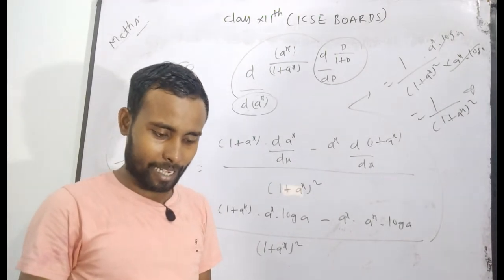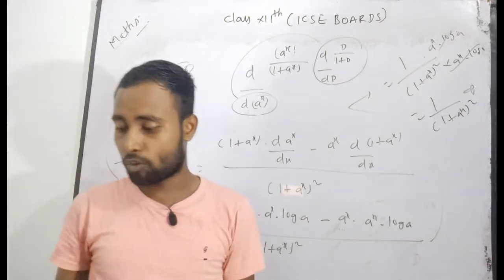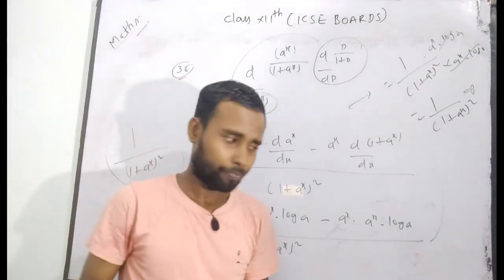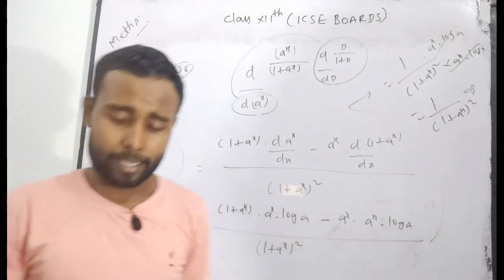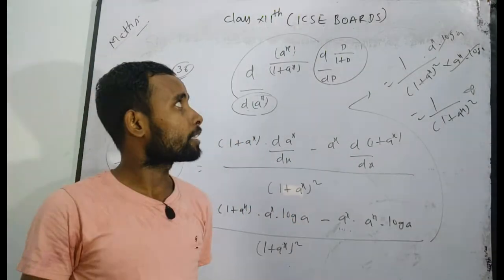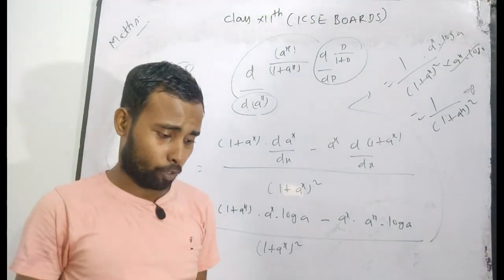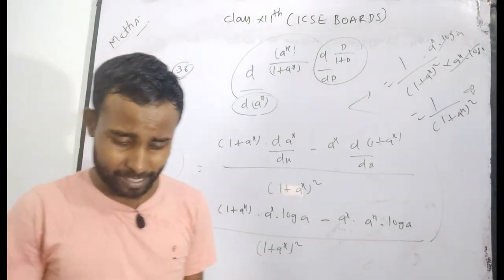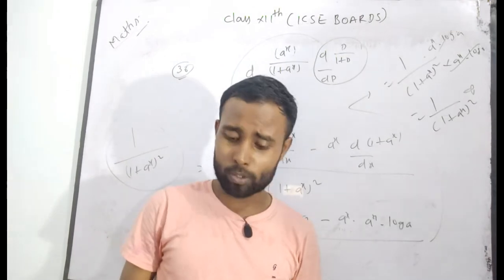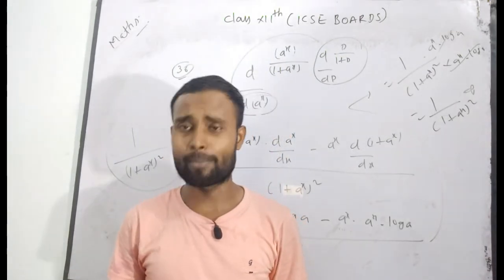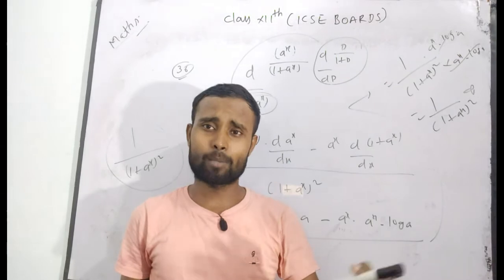In the next class I will discuss the next topic, and today I will complete your class in this video, because approximately all problems will be discussed in this class. There are only 9 to 10 problems in your exercise 8J, and before this exercise there is 8I.